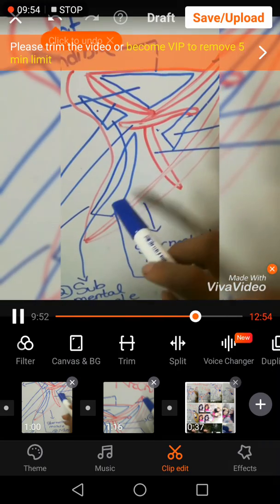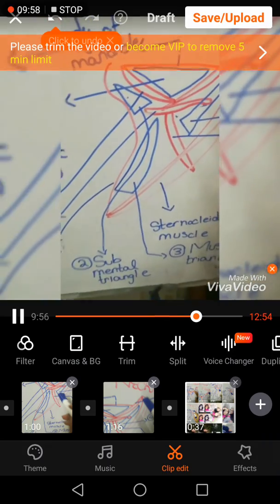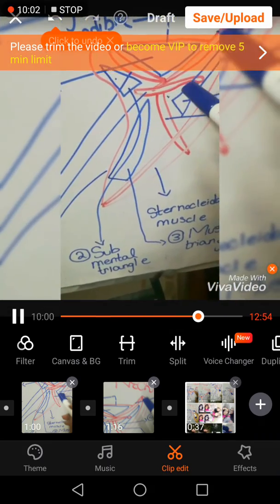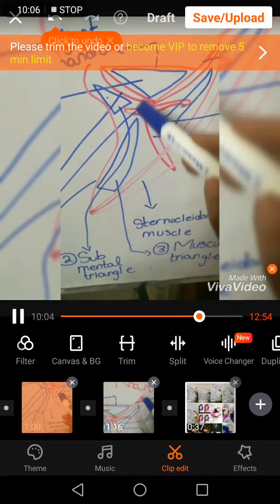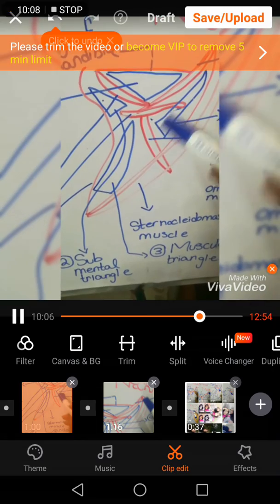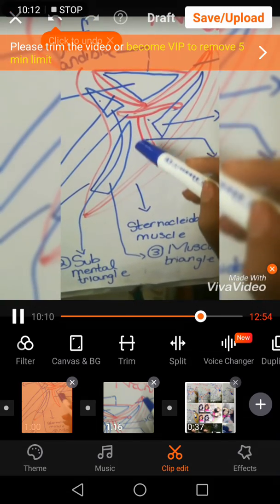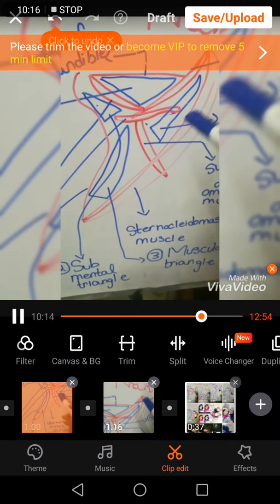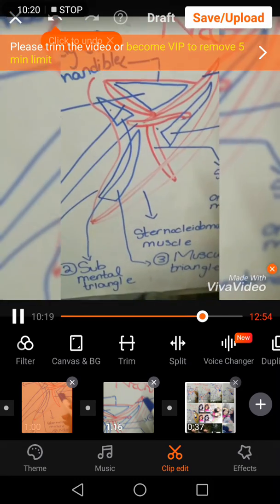And present below and laterally, you have the sternocleidomastoid muscle. So let's review the relations of the third, muscular triangle: superiorly, the hyoid bone; medially, the midline; superior laterally, the omohyoid muscle; and inferior laterally, the sternocleidomastoid muscle.